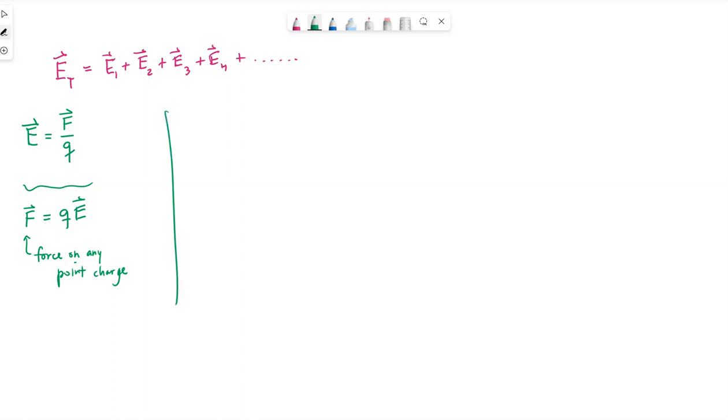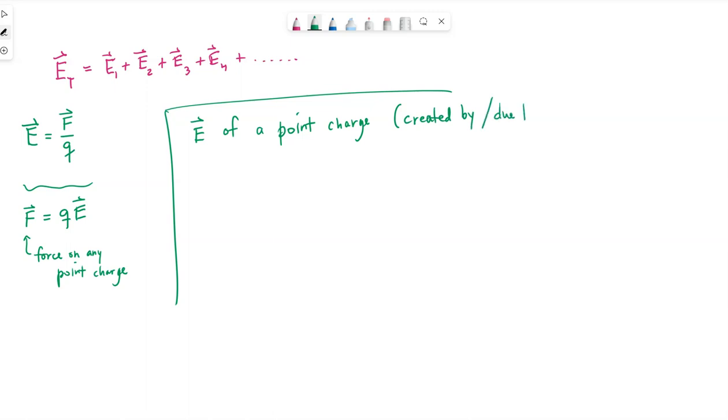The other equation we have is for the electric field of a point charge specifically. I guess maybe the electric field created by, or due to, a point charge.